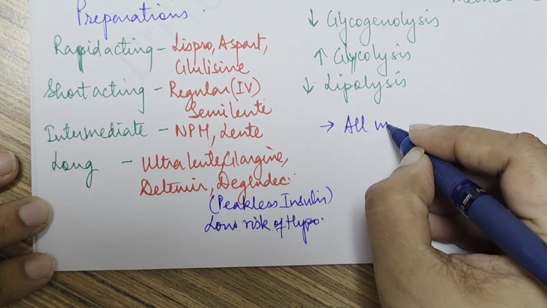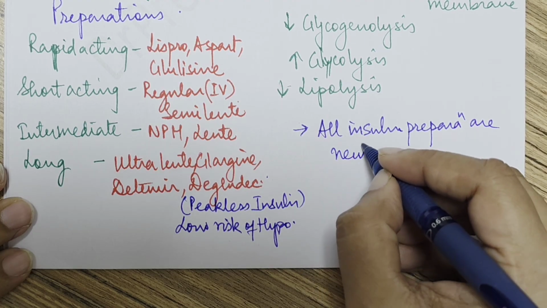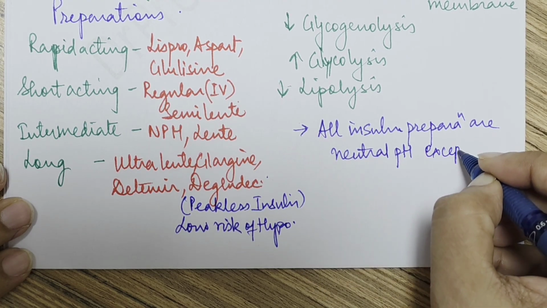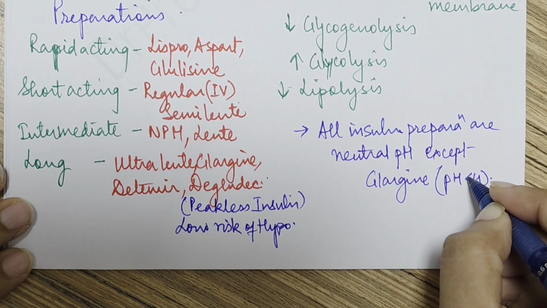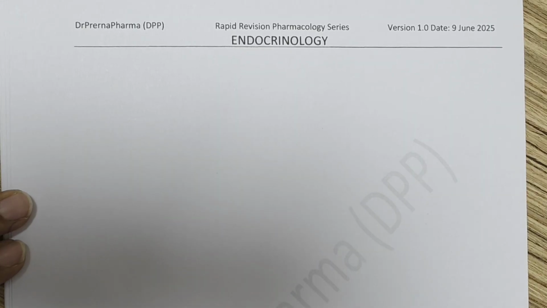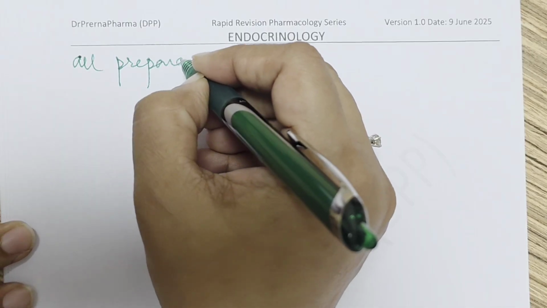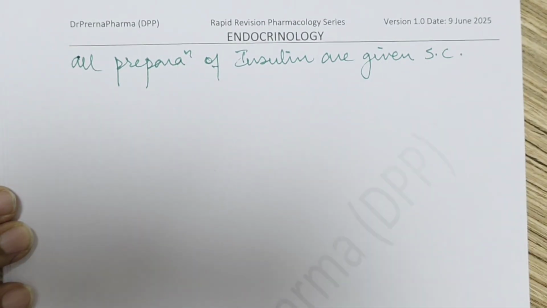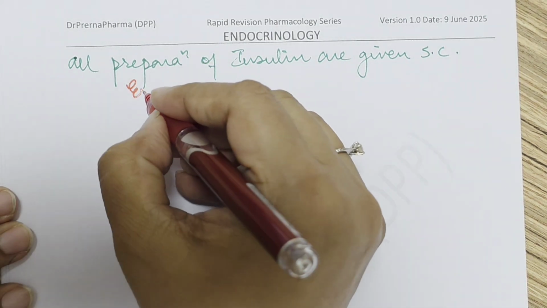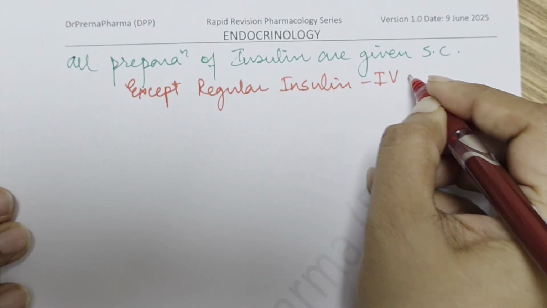Another important point, all insulin preparations are acting at neutral pH except Glargine, which is supplied at pH less than 4, or pH of 4. All preparations of insulin are given subcutaneously except regular insulin, which is given IV.